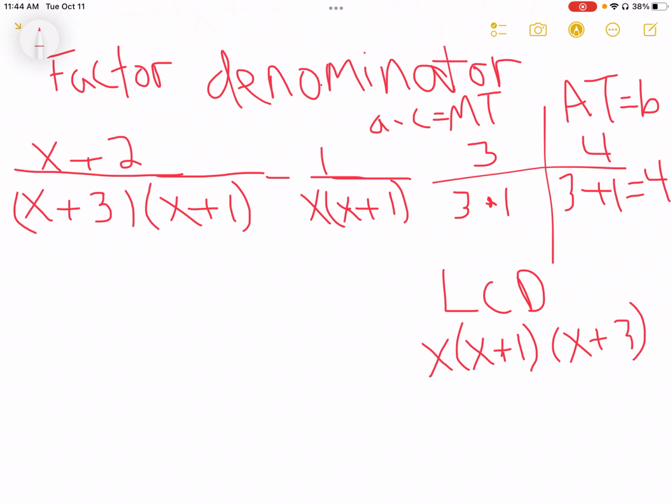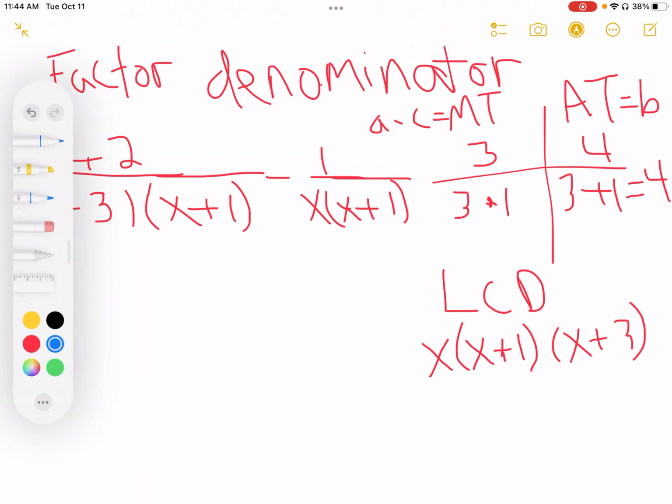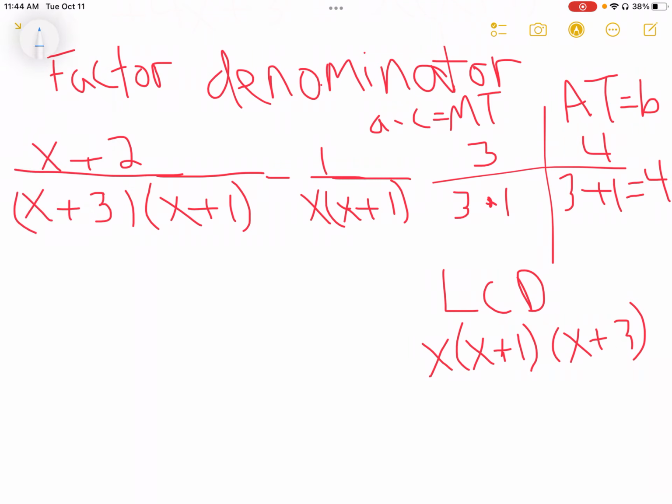So that means that this first one here, I have to multiply by x on the top, x on the bottom. And then the second term here, I have to multiply it by x plus 3 on the top and the bottom. So bottom here, x plus 3, top, x plus 3. Okay.